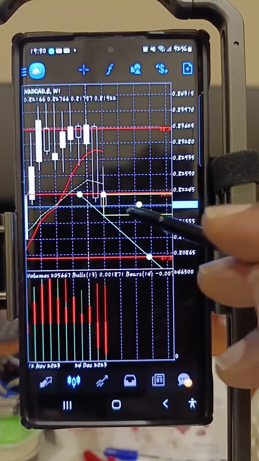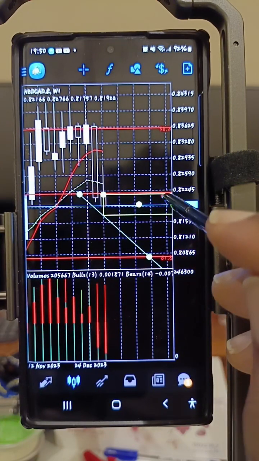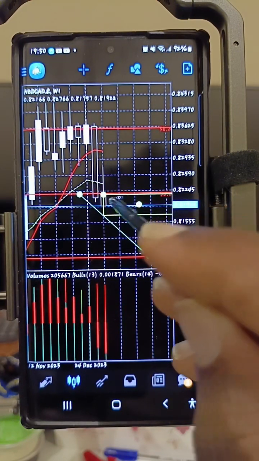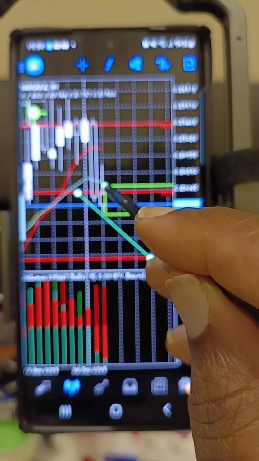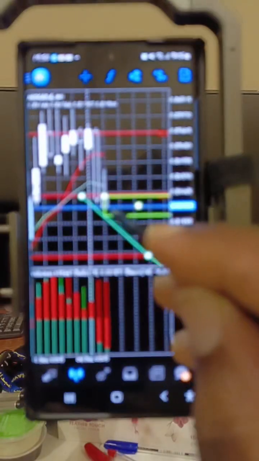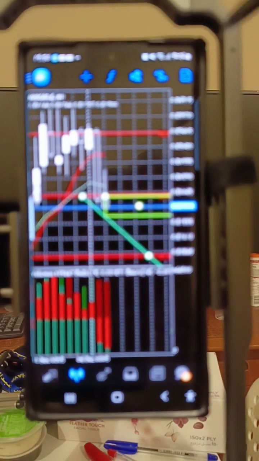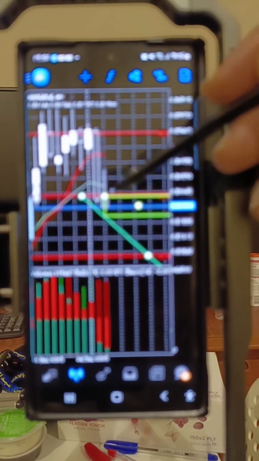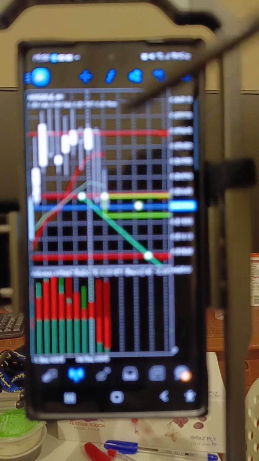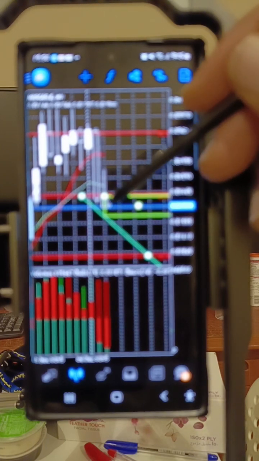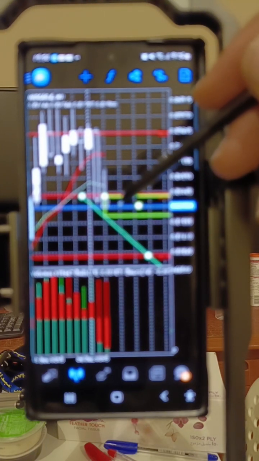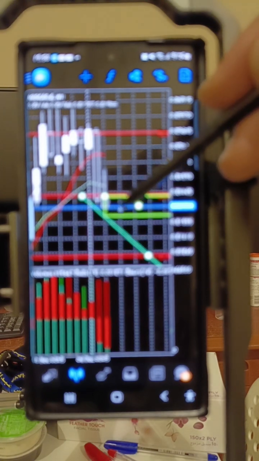Okay, so I'm looking to see 50. I'm looking to see it comes to 50, and 50 becomes my resistance. Even if the wick goes through 50, I'm looking for the body to come below 50 and stay below 50.